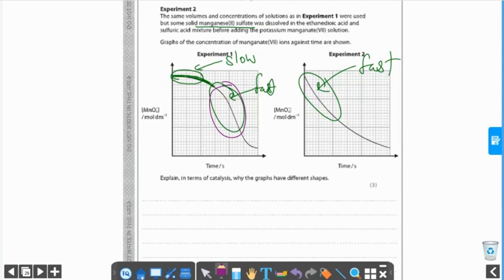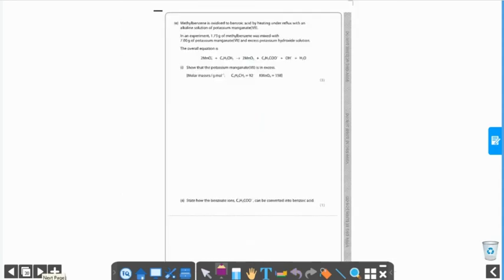Therefore, the drop in the concentration of MnO4 minus is greater after a while.